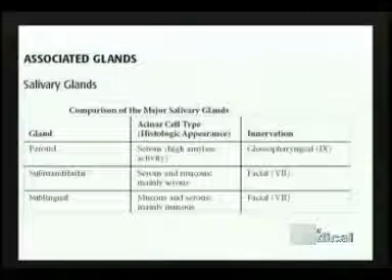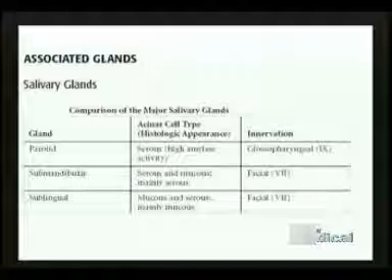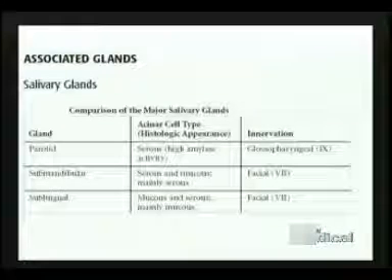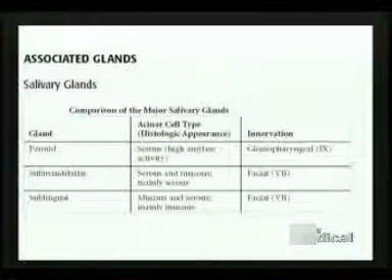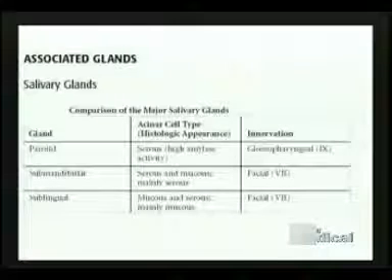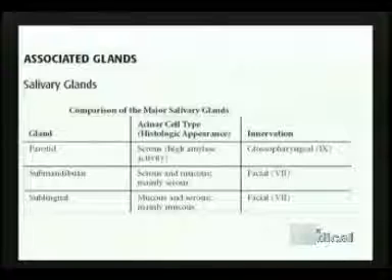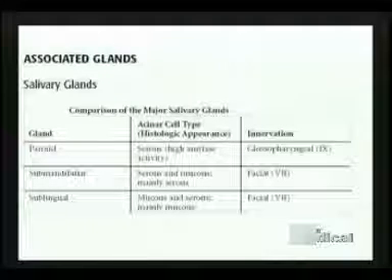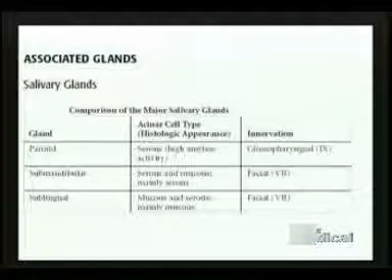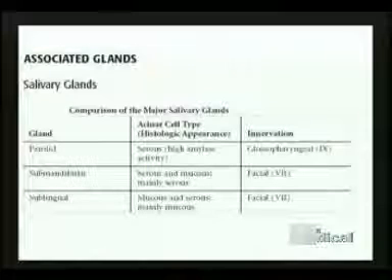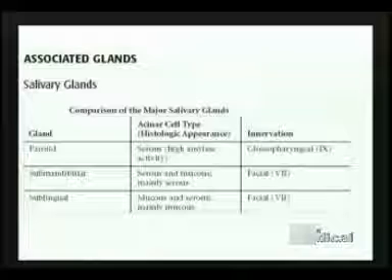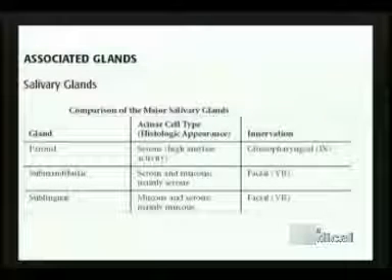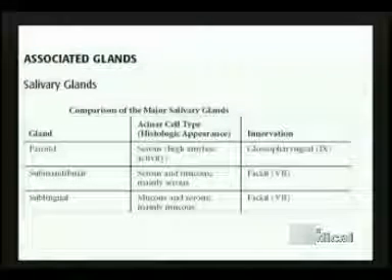The parotid gland, high amylase activity, is a pure serous gland, whereas the submandibular and sublingual glands are mixed glands, submandibular being mainly serous, sublingual gland being mainly mucus. And we know that their secretomotor innervation is slightly different. The parotid gland is under secretomotor control by parasympathetic axons in the glossopharyngeal nerve, whereas the submandibular and sublingual glands are under parasympathetic innervation by cranial nerve.